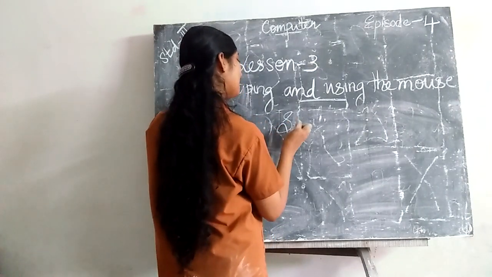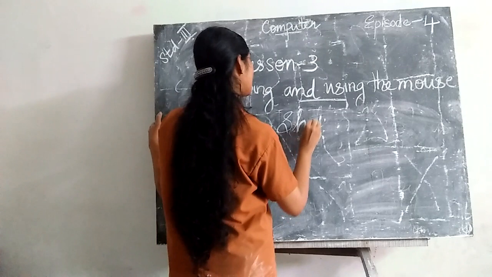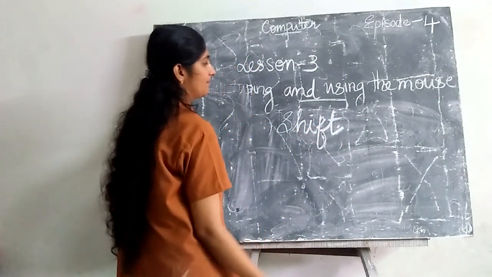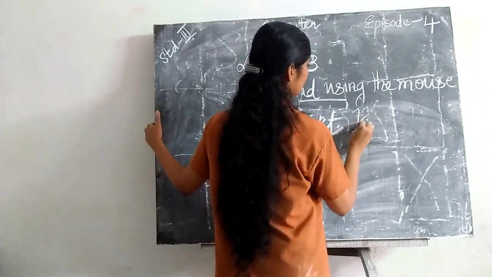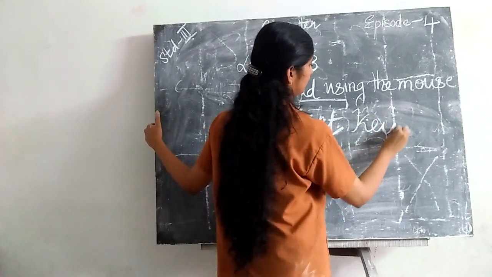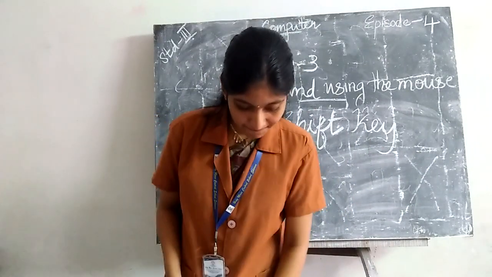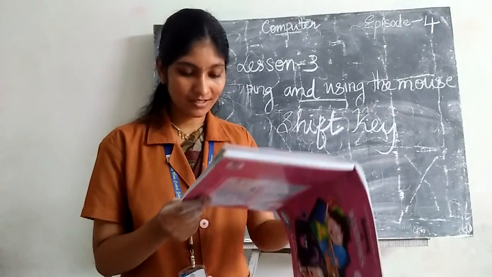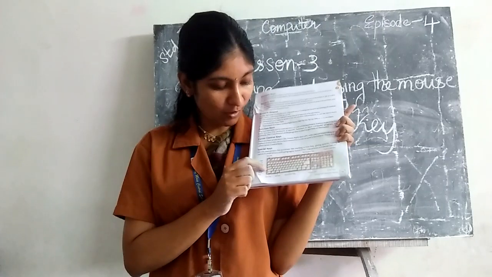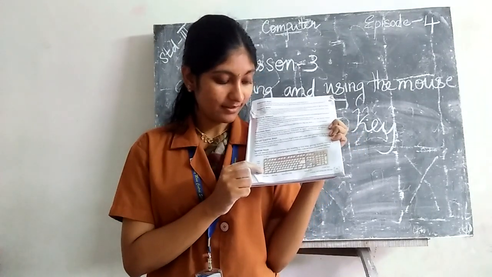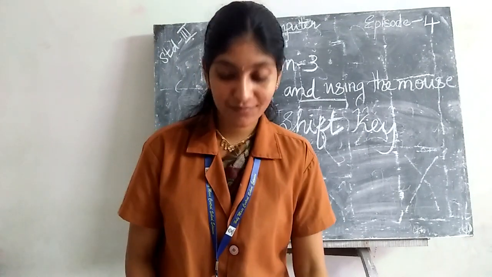S H I F T. Shift key. This is a key present on the left side of the keyboard. Here is the name, there is a name shift. Did you see that? Okay, so that is the shift key.